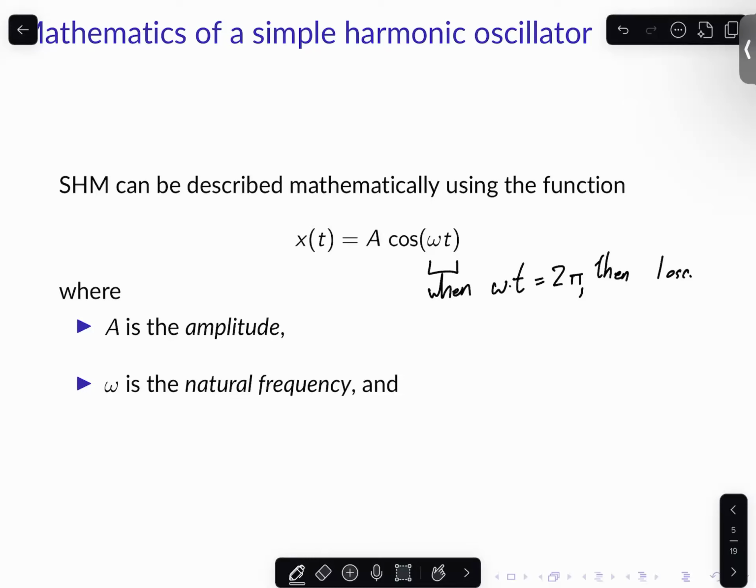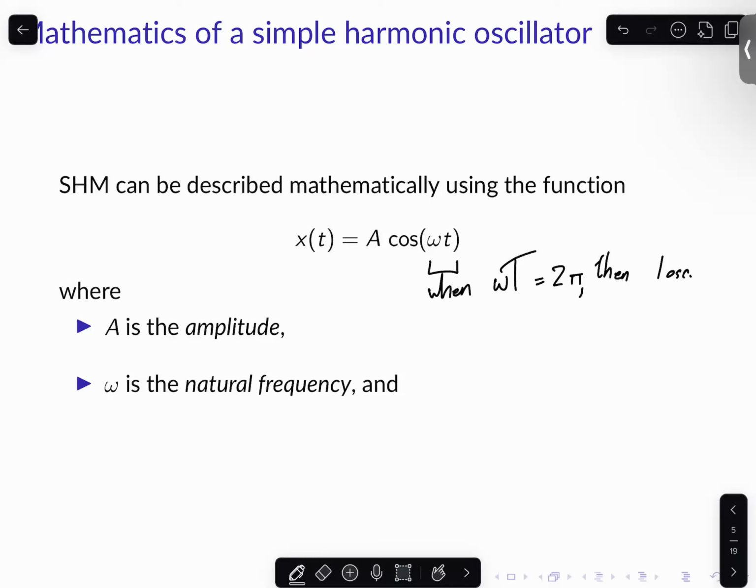When t has gone through a full cycle, I promote the independent variable t to its capital form. And what do I call capital T? Period. Period is that special time, the time it takes for lowercase t to cause 1 full oscillation.